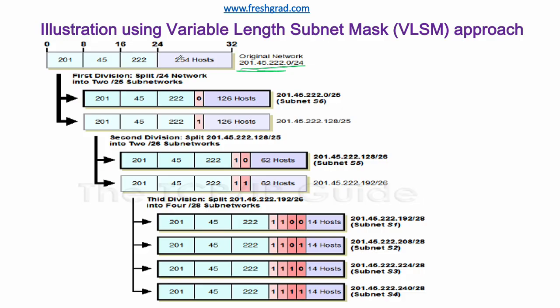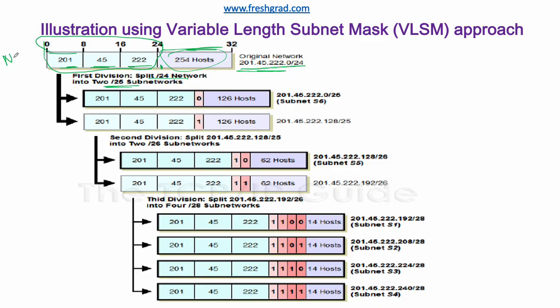In the original network, how many hosts can we have? 254. So in the first division, we split the /24 network into two by borrowing one host ID bit. So this one has 8 bits, right? 201 is from 0 to 8, 45 is 16, and 222 is 24.